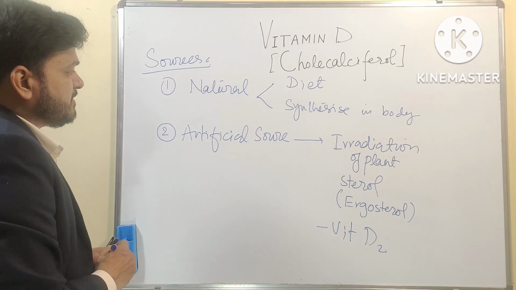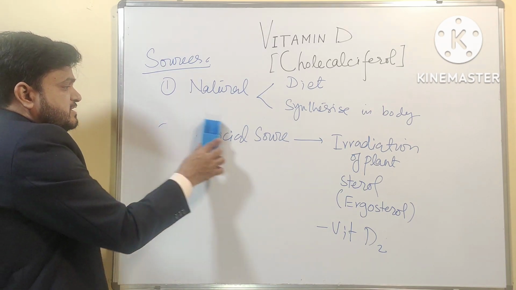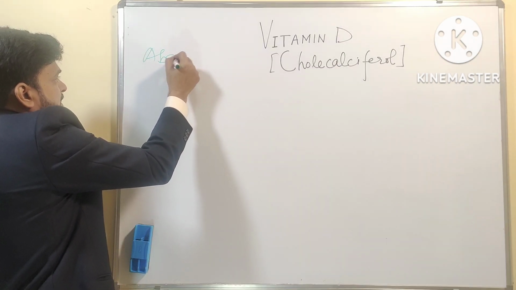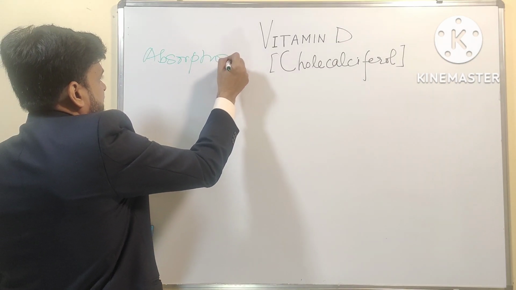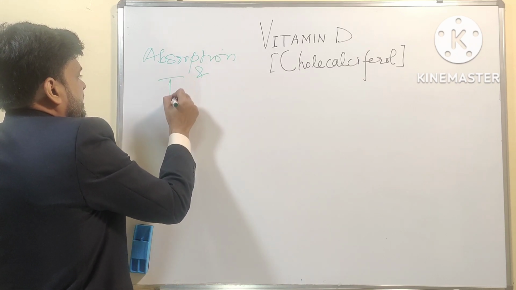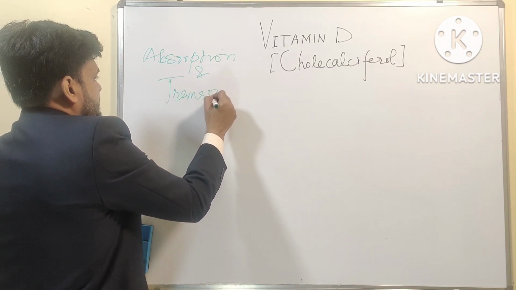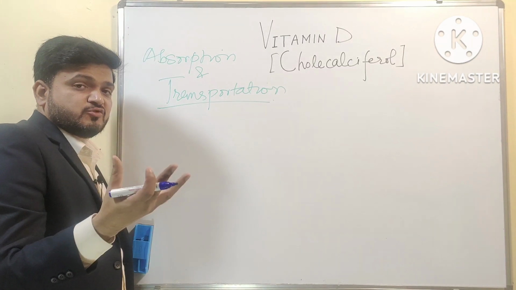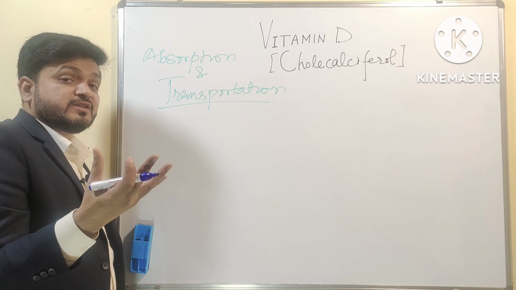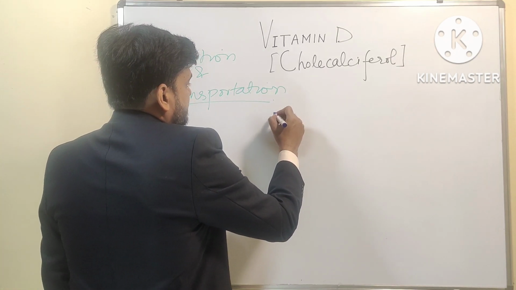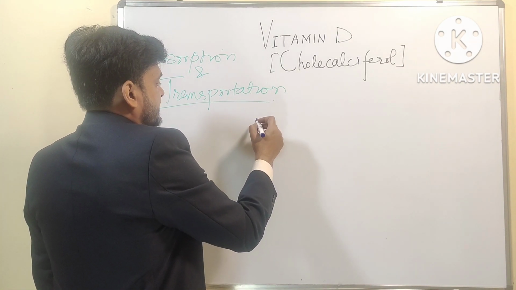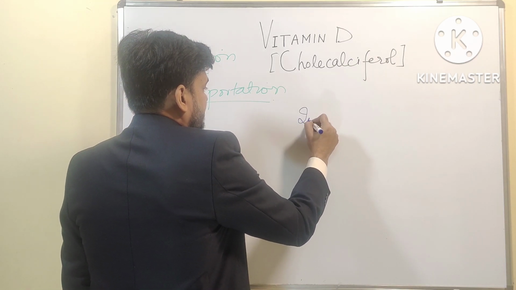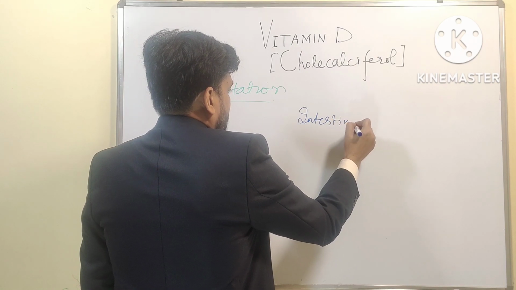Now coming to the absorption and transportation of vitamin D. So obviously it has to be absorbed with lipids, right, as it is a fat soluble vitamin. So the absorption occurs in the intestine, right?